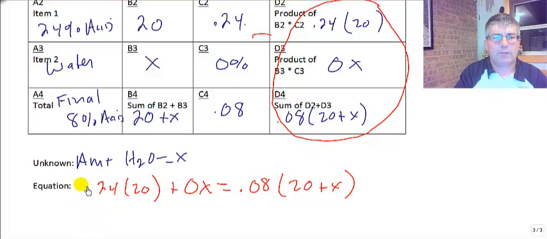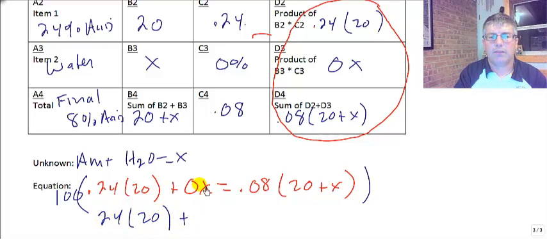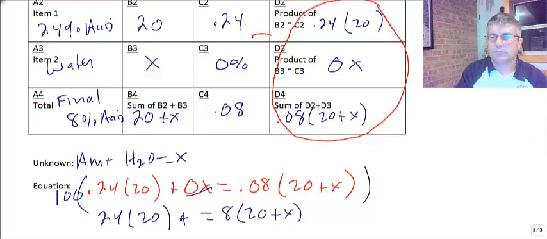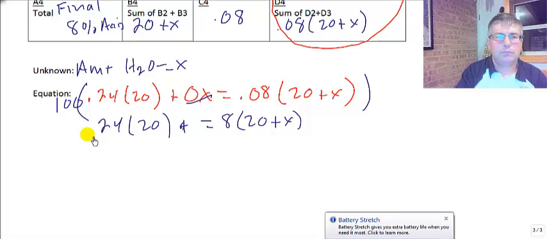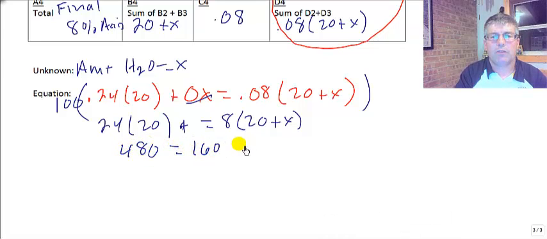Since this is algebra class, we're going to multiply everything by 100 to get rid of our decimals. And we get 24 times 20 plus, okay, I'm going to get rid of the 0x, equals 8 times 20 plus x. So 24 times 20, 24 times 2 is 48, so 480 equals 160 plus 8x.